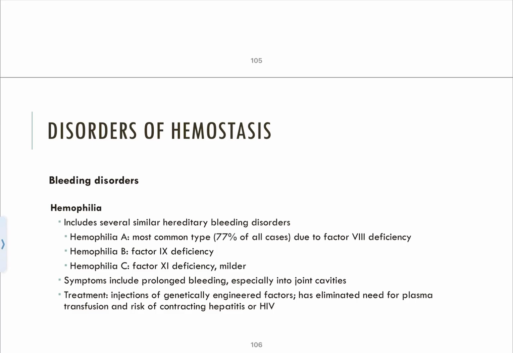Hemophilia B is the result of a deficiency in a different clotting factor, and it's clotting factor 9. Hemophilia C is not as severe as hemophilia A and hemophilia B, but it's due to the lack of having clotting factor 11.